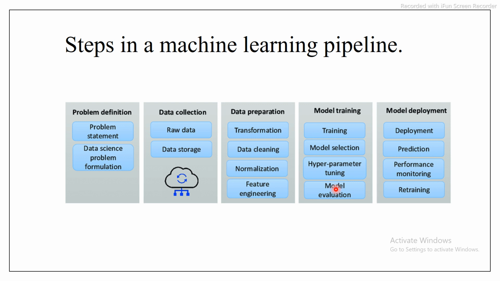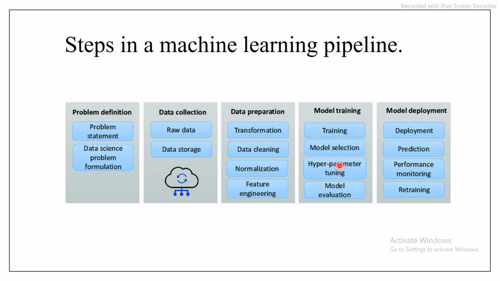This model evaluation is very important, because that will tell you the accuracy and the performance of any ML model. I have also touched on a few points about hyperparameters.